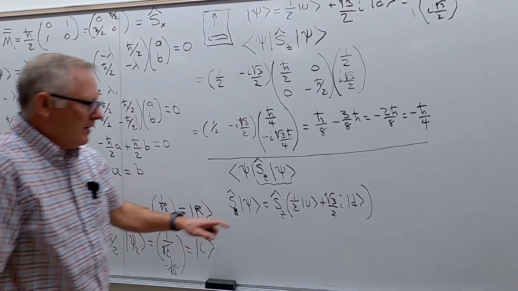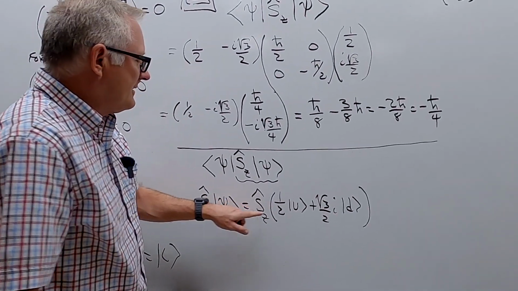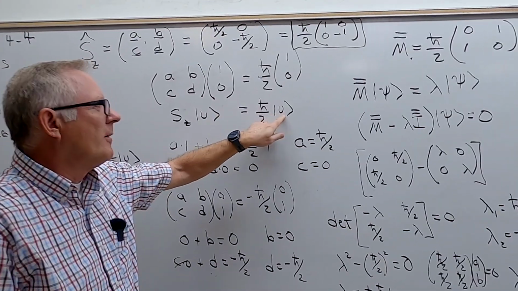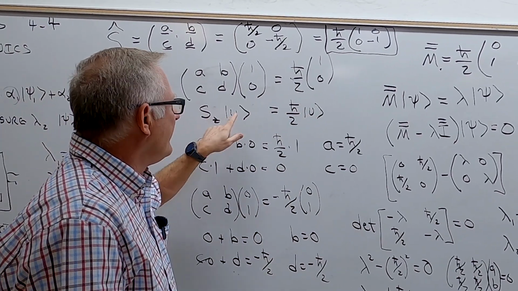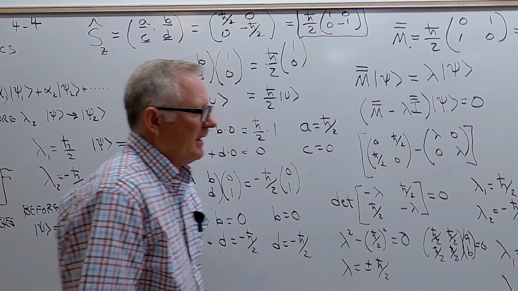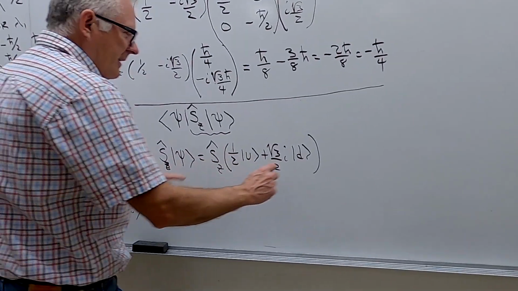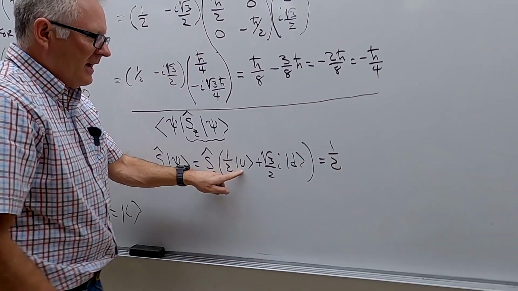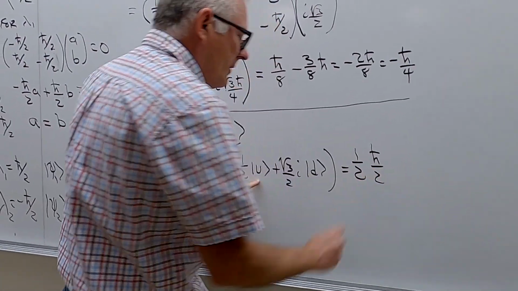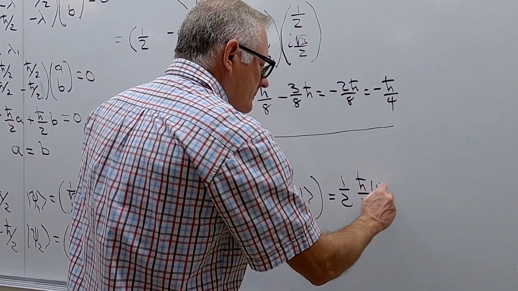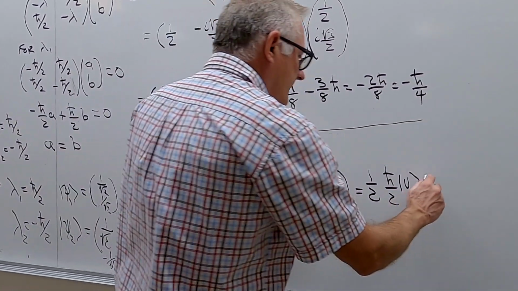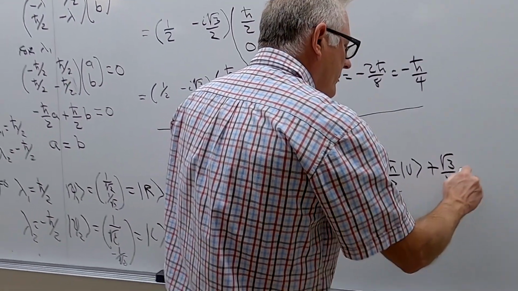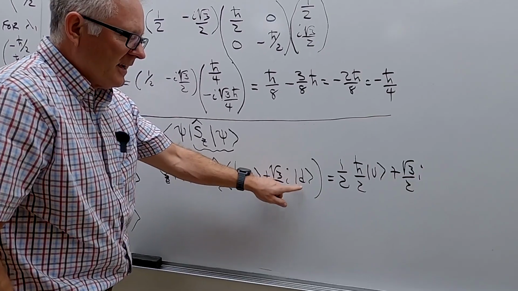Now we already know that when I operate S sub z on up, we just get h bar over 2 back on up again. And when I operate S sub z on down, I get minus h bar over 2 back on my down again. So I can do this right here. This just gives me 1/2, S sub z on up gives me h bar over 2 back on my up again, plus square root of 3 over 2 i, S sub z acting on down.